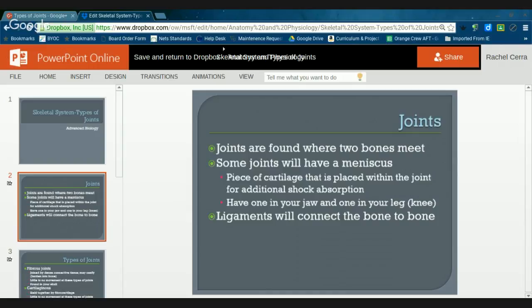Some of your bones are going to have what's called a meniscus, and some bones will not. There's really only two places in your body that you're going to have this meniscus, and that's going to be in your jaw and in your knee.